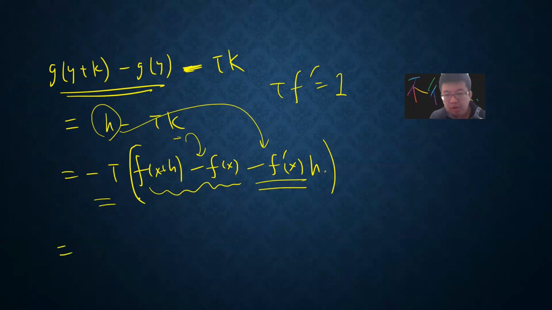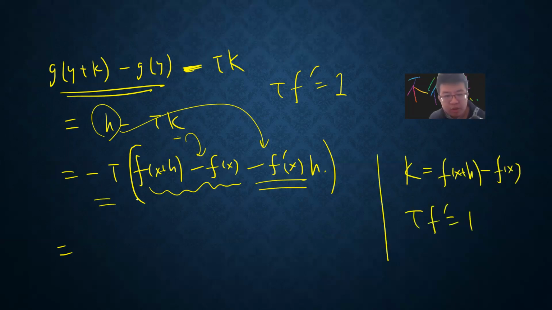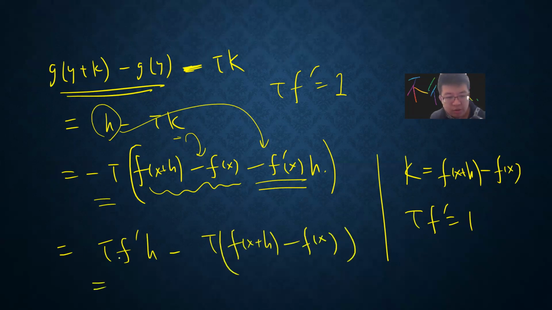So h can be written as t f prime h minus t k, or t times f of x plus h minus f of x. So you can take t out: it's minus t times the quantity f of x plus h minus f of x minus f prime of x times h.